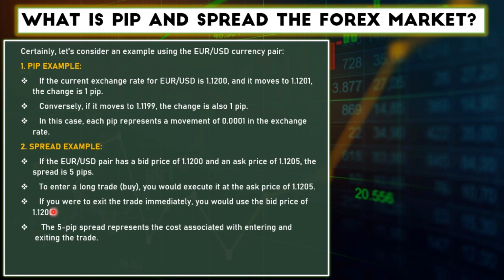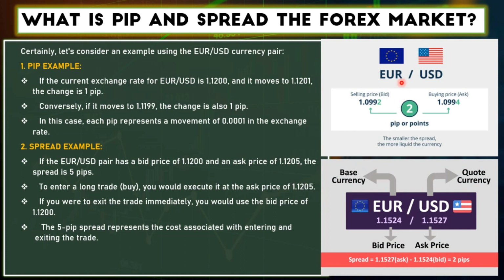By the time you buy and immediately want to exit the trade, you already make a loss of 5 pips. The 5 pip spread represents the cost associated with entering and exiting the trade, and it varies with brokers.